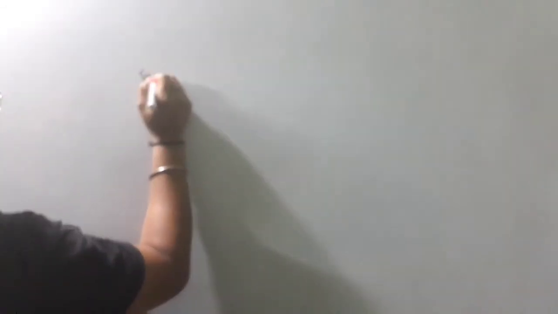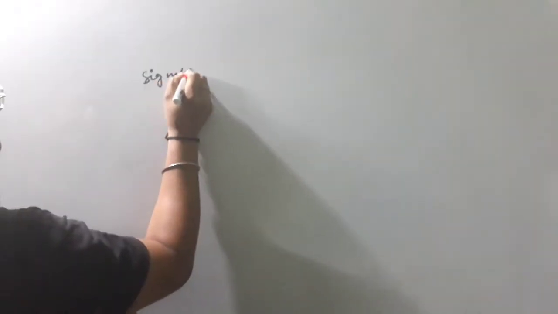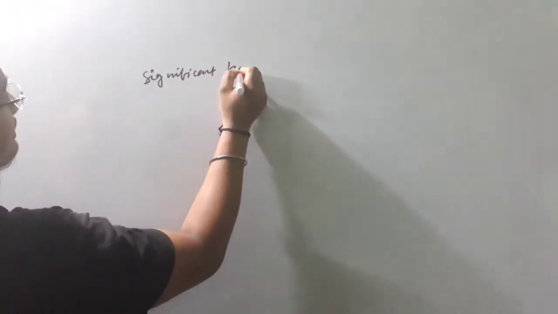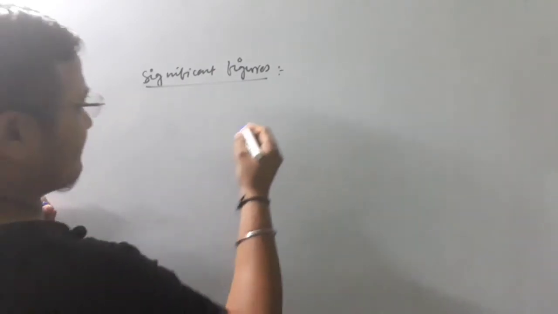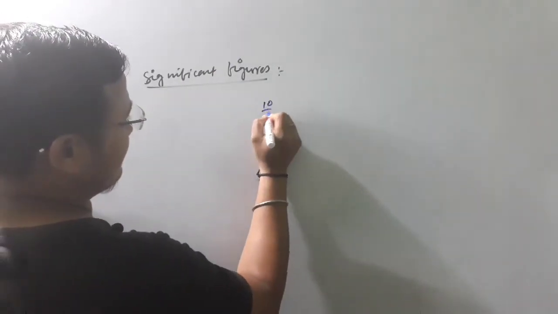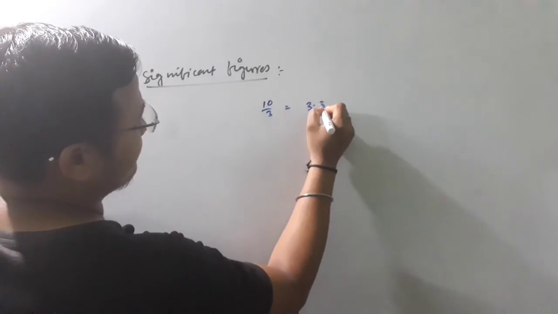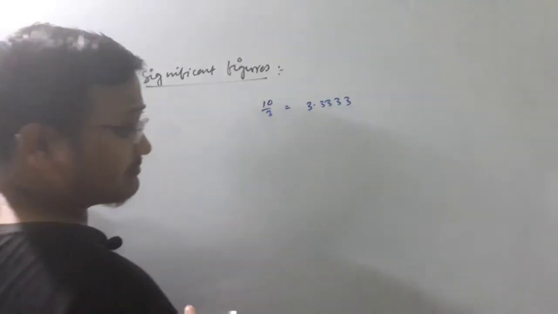Another topic regarding the same thing is significant figures, okay? You know, sometimes what happens, consider when you are dividing 10 by 3, right? You get 3.33, we get some value of this type.